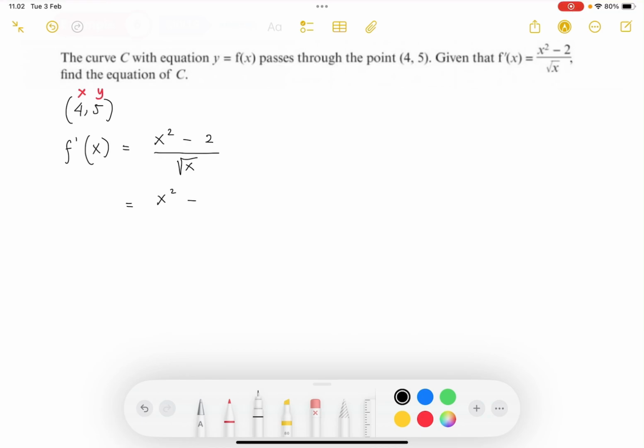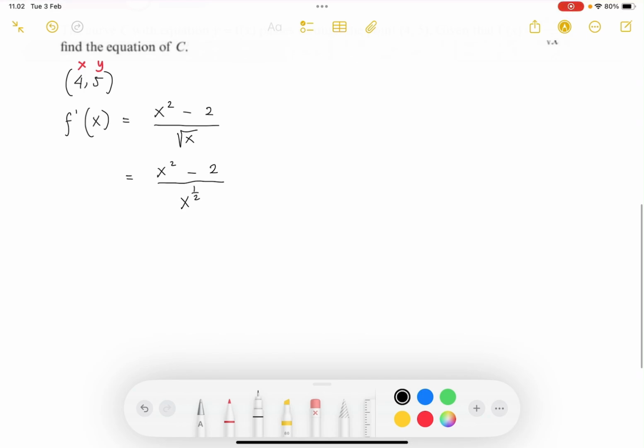So x to the power of 2 over 2 x to the power of 2 minus 2 over x to the power of 1 over 2. Okay, I will not discuss again where it comes from. I think everyone already knows it, right? Yeah, we have learned it from semester 1. So here we'll have x to the power of 2 over x. We split it, minus 2 over x to the power of 1 over 2.